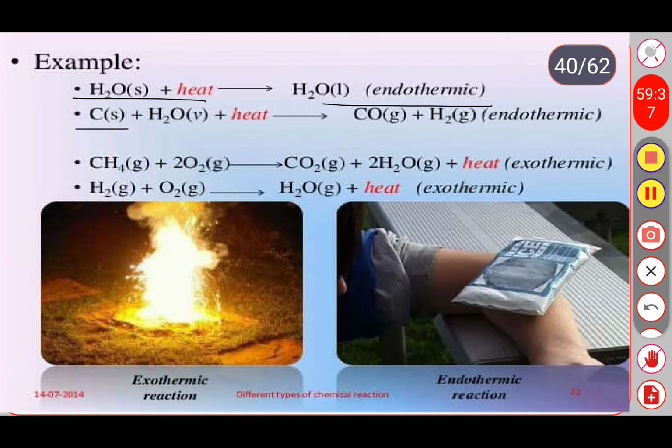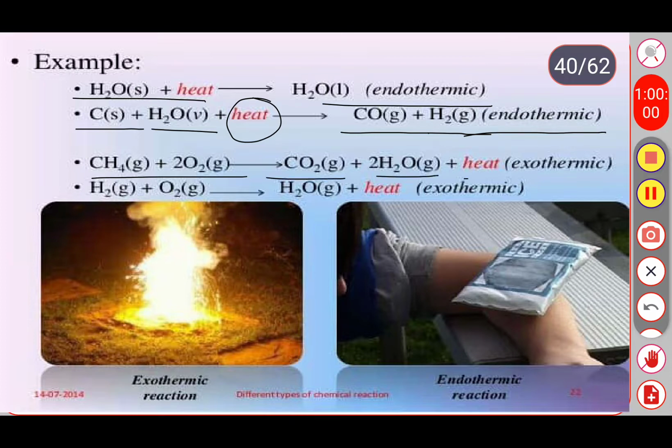When methane is combined with oxygen, it forms carbon dioxide and water, and it releases heat. That is an exothermic reaction. In the exothermic reaction, it releases heat. In the endothermic reaction, it absorbs heat. That's why in endothermic reactions, we write the heat on the left-hand side.